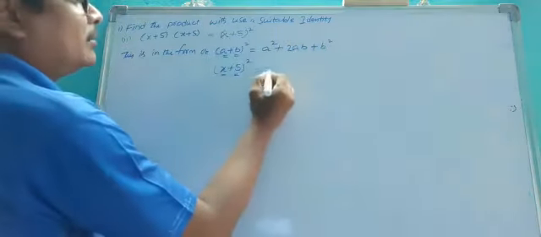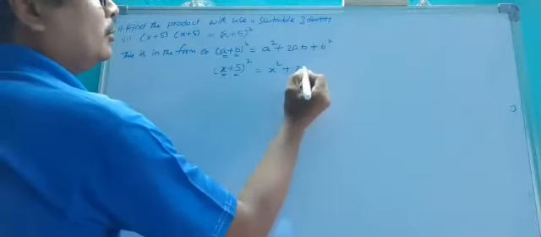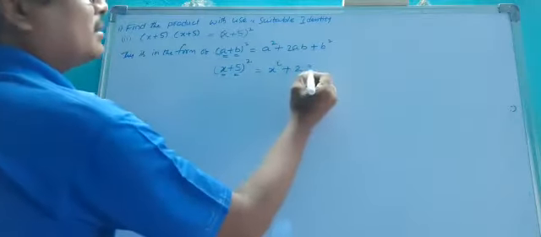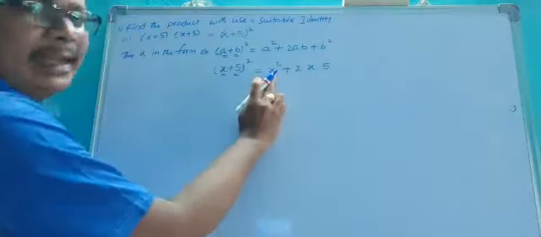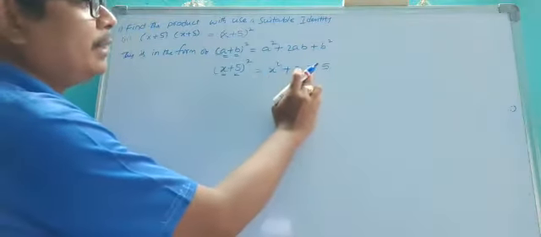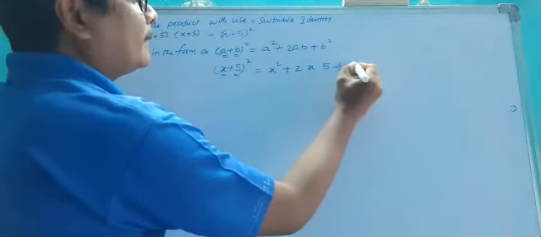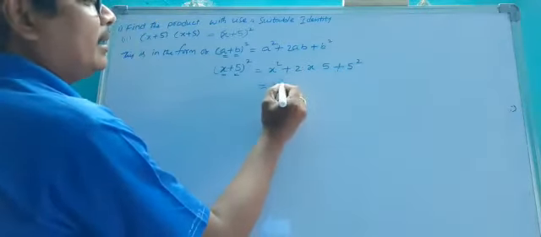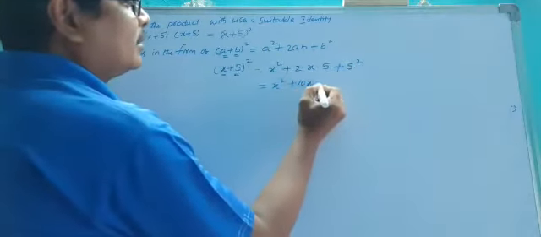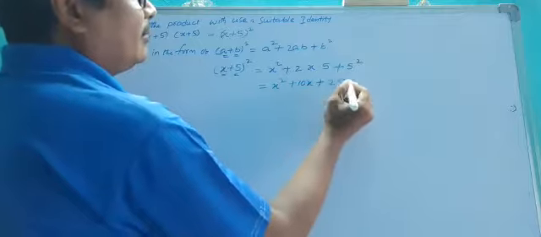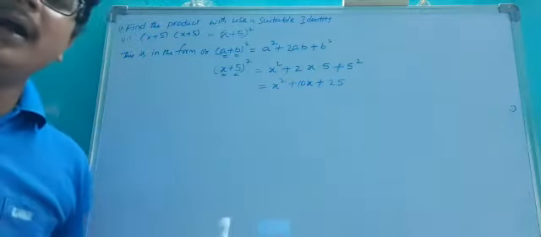Substitute it: a square plus 2ab plus b square means x square plus 2 into x into 5 plus 5 square. 2 fives are 10, so 10x, plus 5 square equal to 25. So with the help of this identity we got the answer: x square plus 10x plus 25.